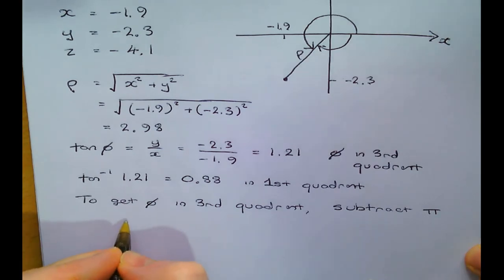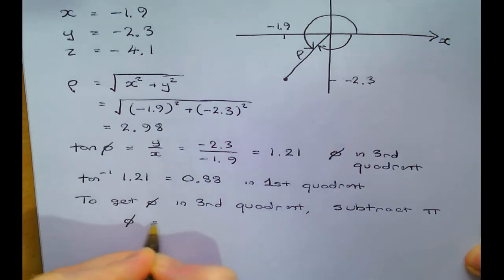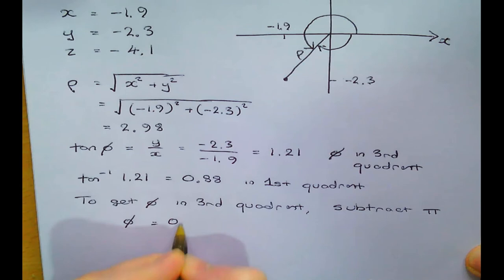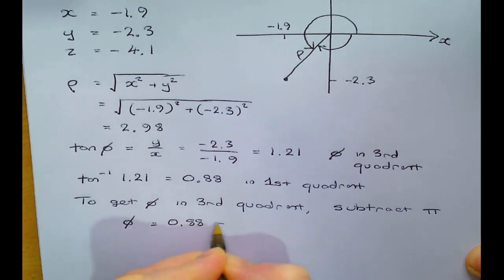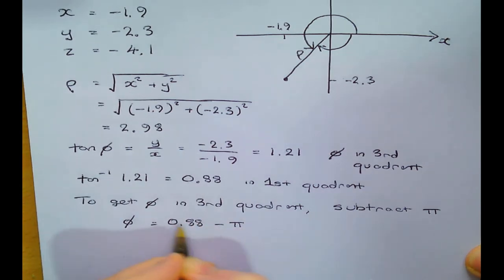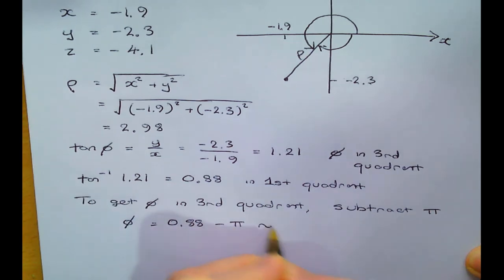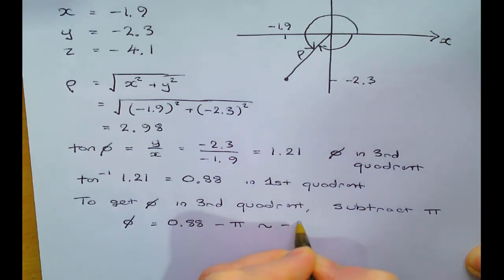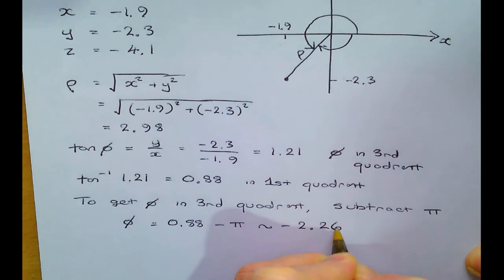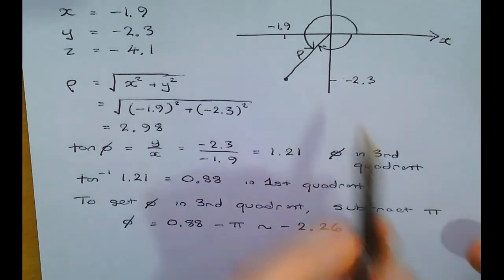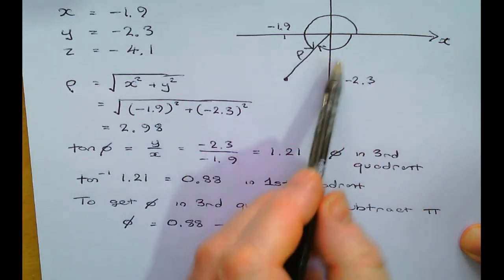We get that our value of phi would have our 0.88. We subtract pi, and then, at least at 2 decimal places, we get minus 2.26 radians.